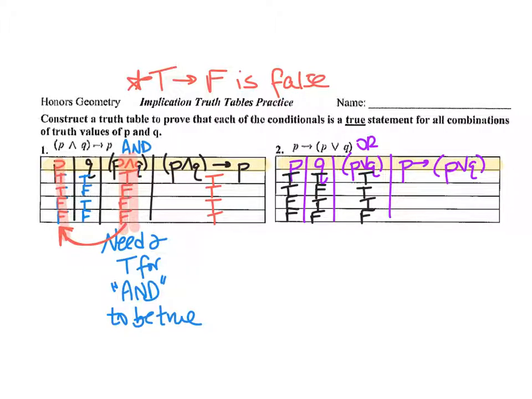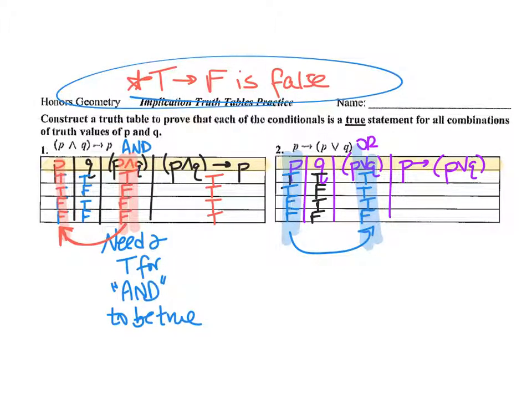And then our last column, we're going P implies P or Q. So we're going that direction. Again, the only time that you'll get a false is when it's true leads to false.